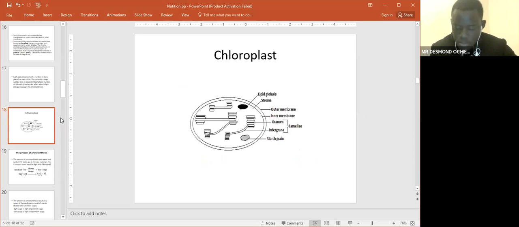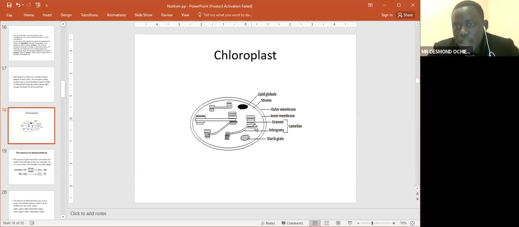Just a minute. In this diagram, as you can see, if you look at the granum here, there are these things that look like discs, the ones that keep on forming on each other. They are called the thylakoid discs.